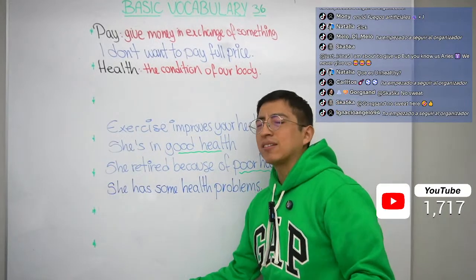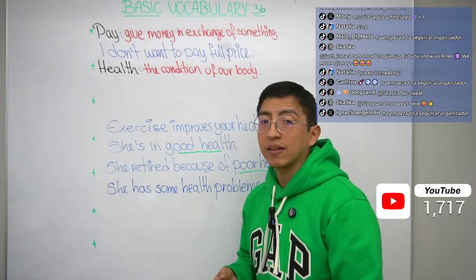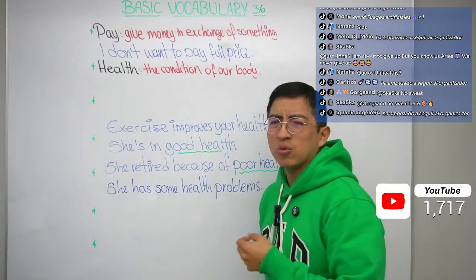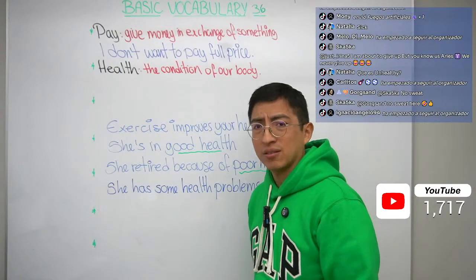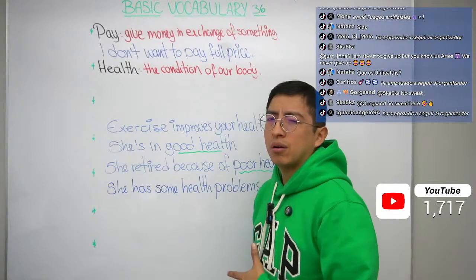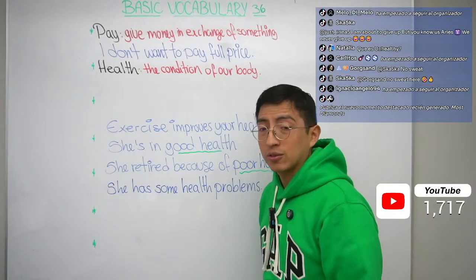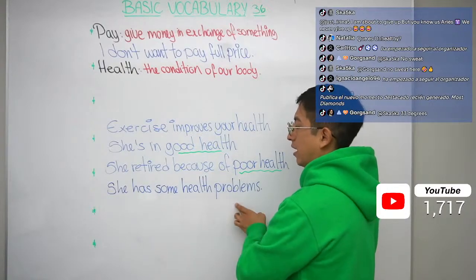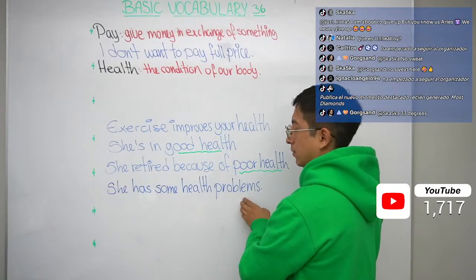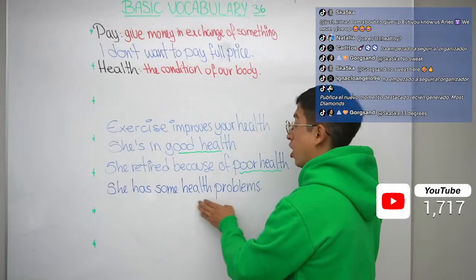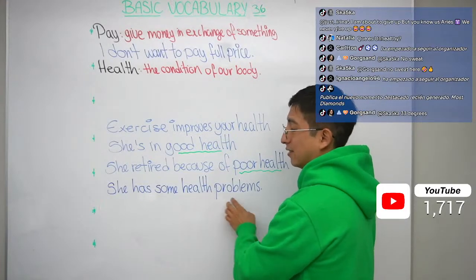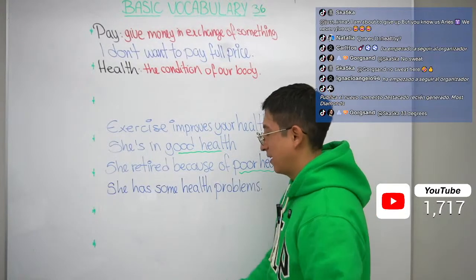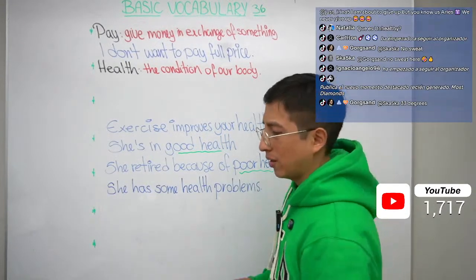Yeah, maybe you can say she's sick. Okay, she is sick. But if you don't want to mention that, the most elegant way to say that somebody's sick is to say I have a health problem, no? Or she has some health problems. Yes, this is a little more elegant. It's very nice too.